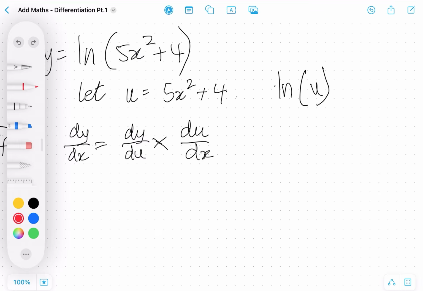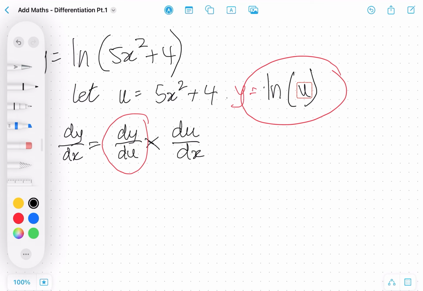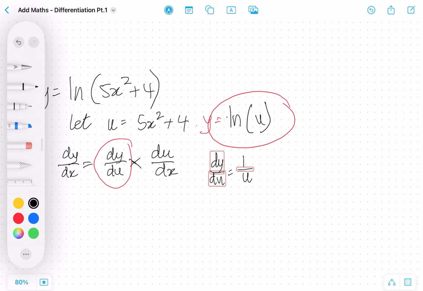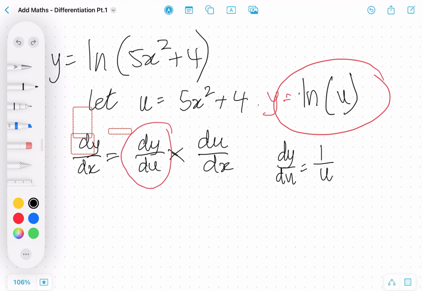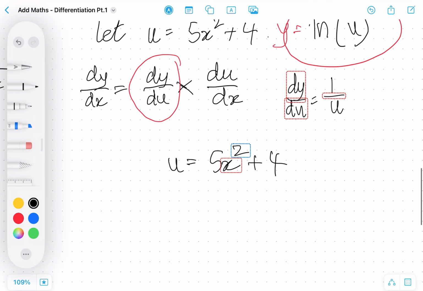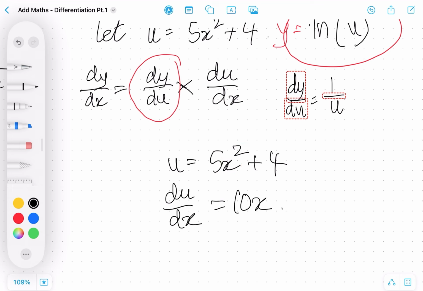So in this case, if we want to find dy by dx, we first find dy by du, which we know y is equal to ln of u, and we know the derivative of that is equal to 1 over u. So therefore dy by du equals 1 over u, as we saw from our table above here. And then now we have to multiply that by du by dx, which is the same as just differentiating this part, and that gives us 10x.